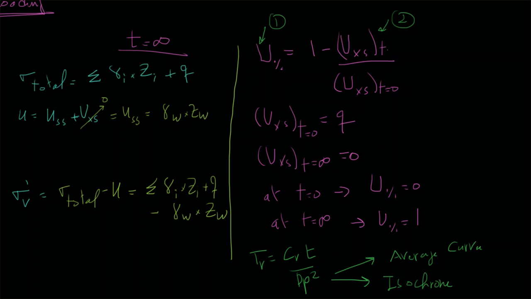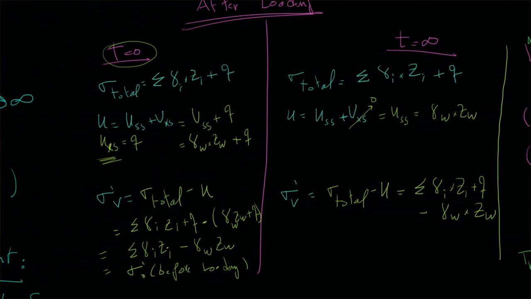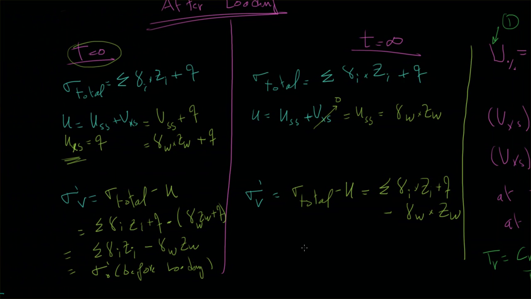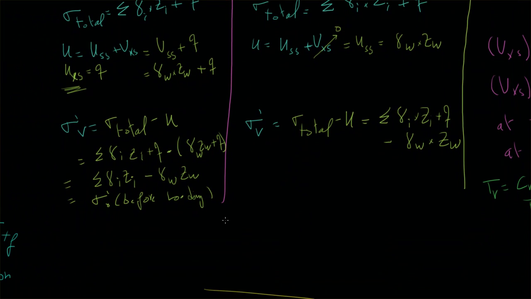So once you find U_xs at time t, we can also find sigma dash at time t. So sigma dash t is the same as sigma total minus U, or sigma total minus U_ss minus U_xs at time t.